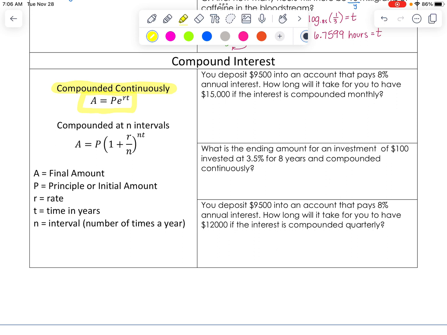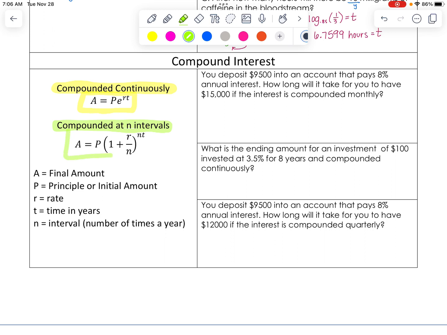The second type is going to be compounded at n intervals. So this n value could be at different intervals per year. So whether it says weekly, monthly, daily, annually, biannually, those are all different values of times that it would happen within a 1 year period.